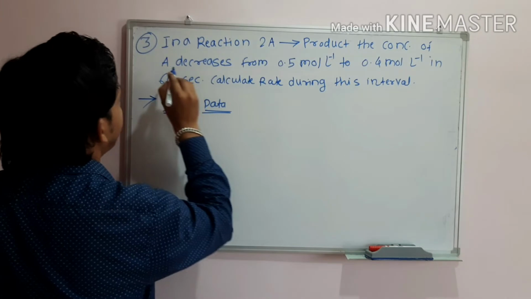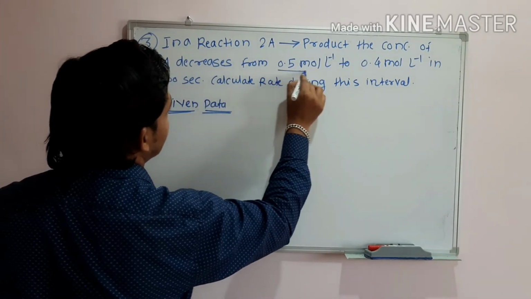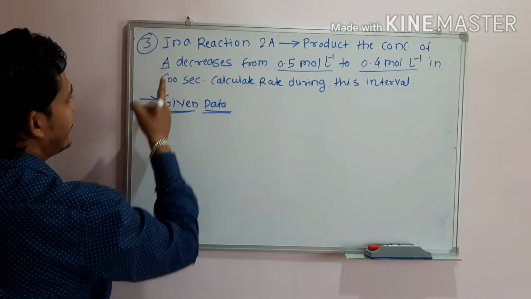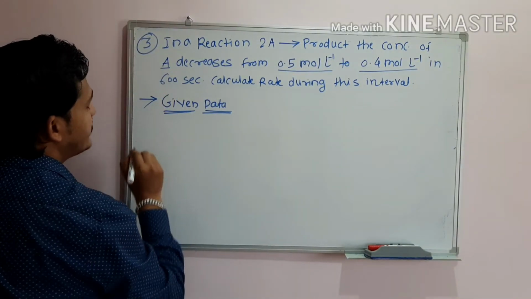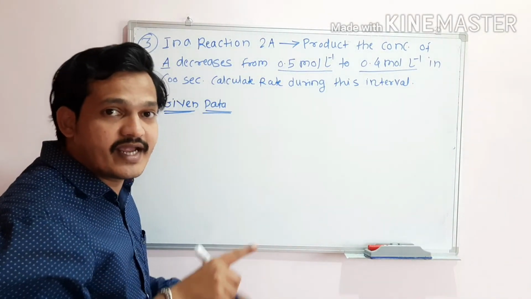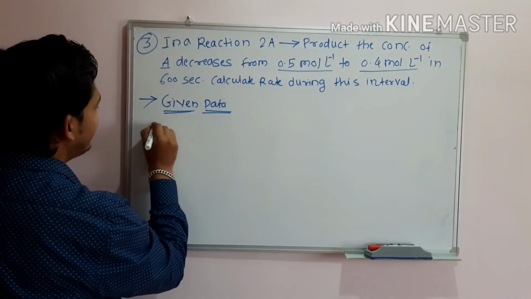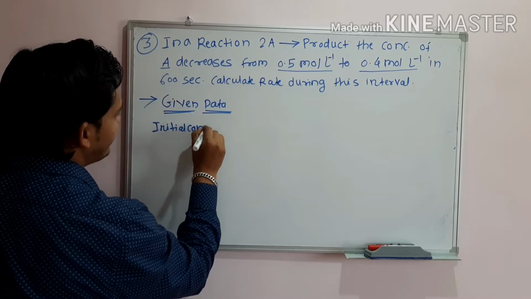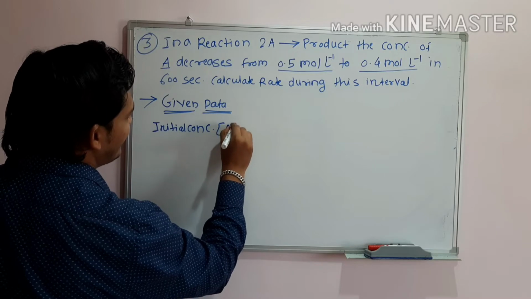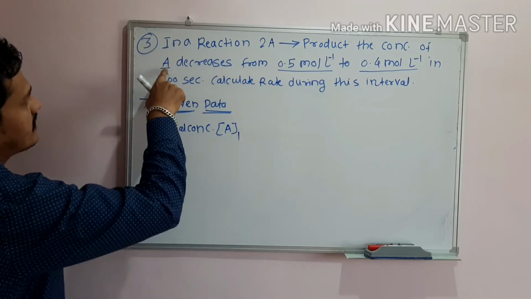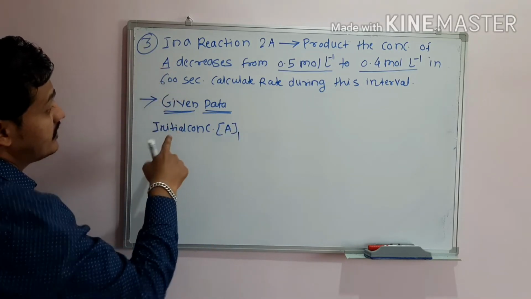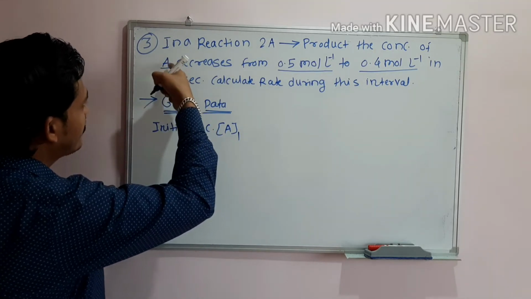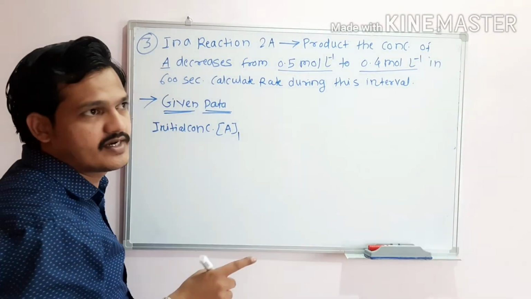So, the concentration of A decreases from 0.5 mole per liter to 0.4. That is reactant A. So, the concentration of reactant A is given by A in bracket. The initial concentration is A1. If reactant X decreases, then initial concentration X1. If reactant P decreases, then initial P1 and final P2.